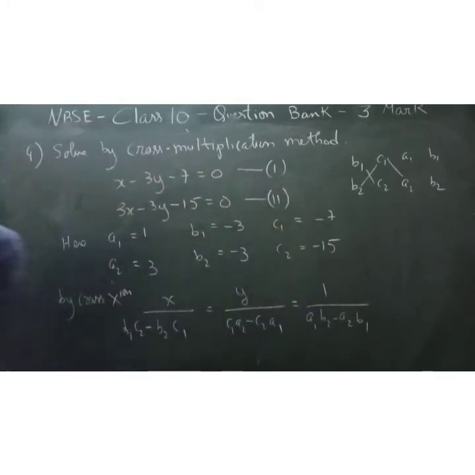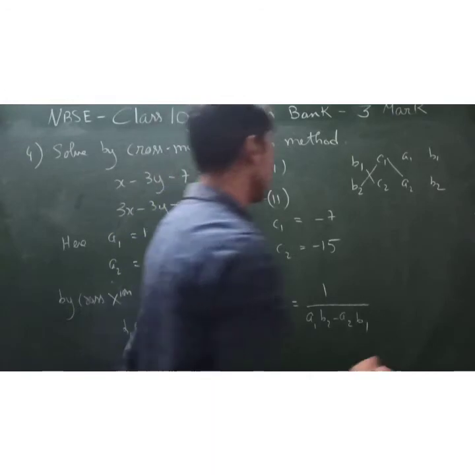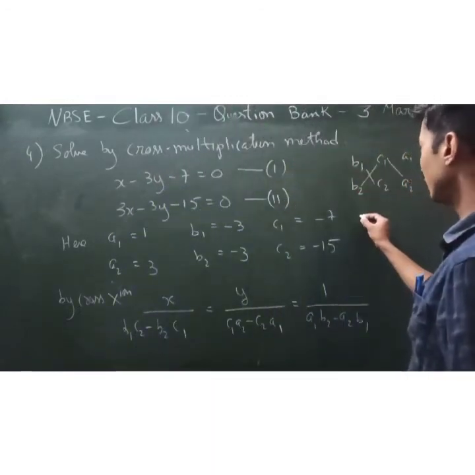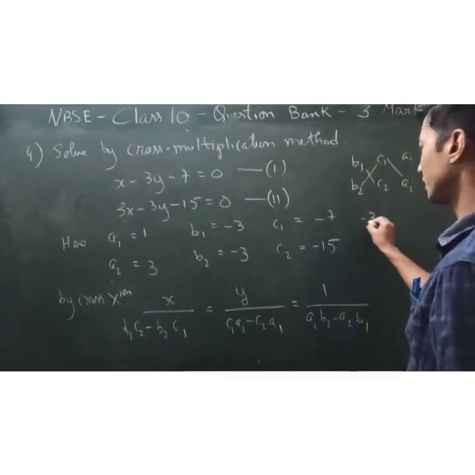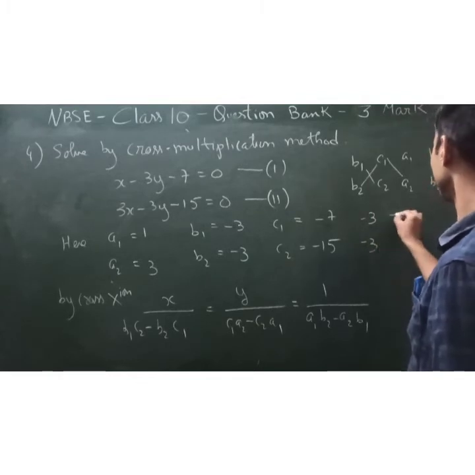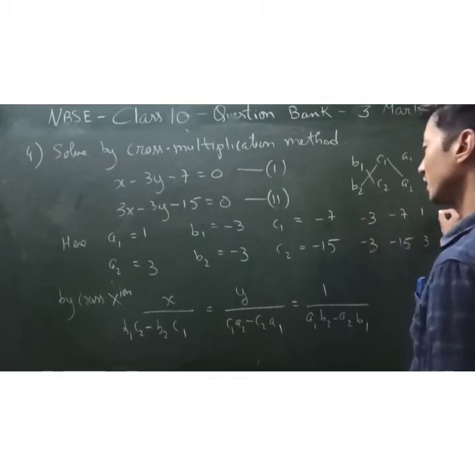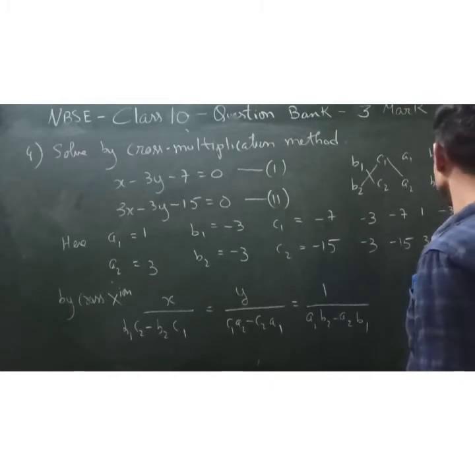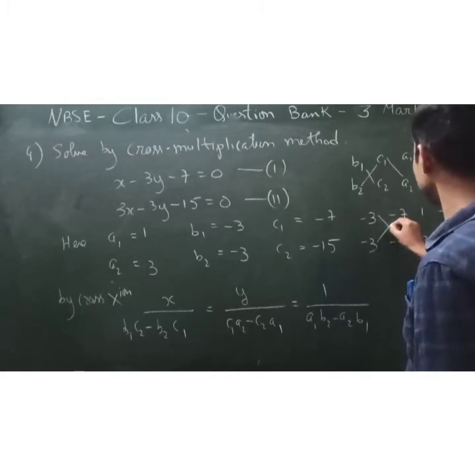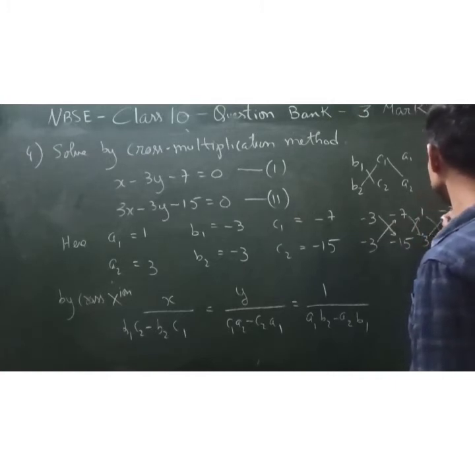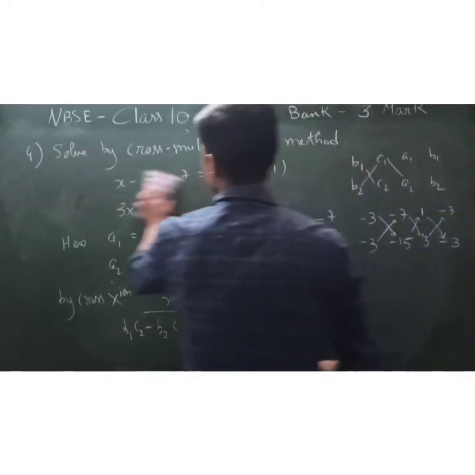This is the formula. So if we just write down the coefficients, we have B1 minus 3, minus 3, minus 7, minus 15, 1, 3, minus 3, minus 3. So we're going to do the cross multiplication using the formula. That's why it's called cross multiplication.